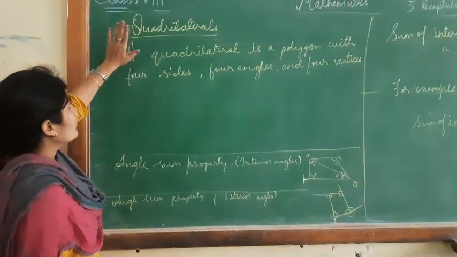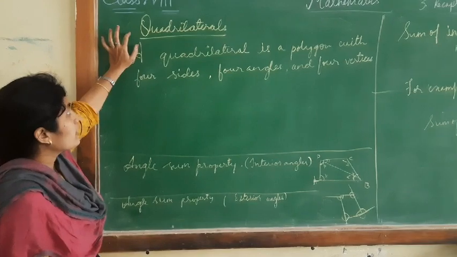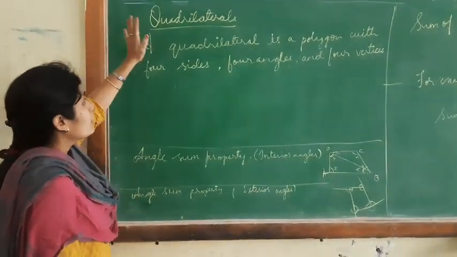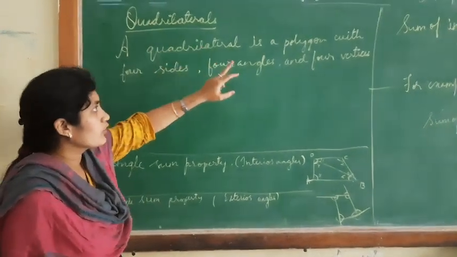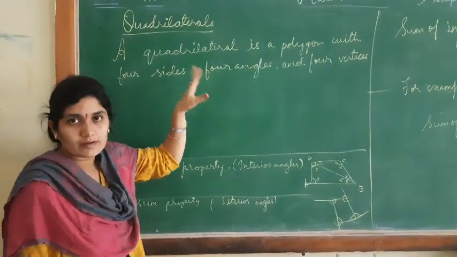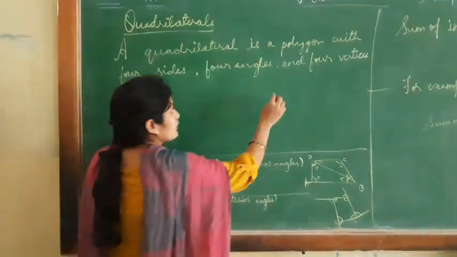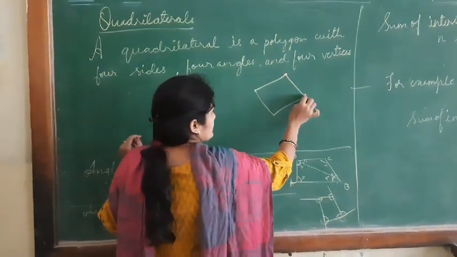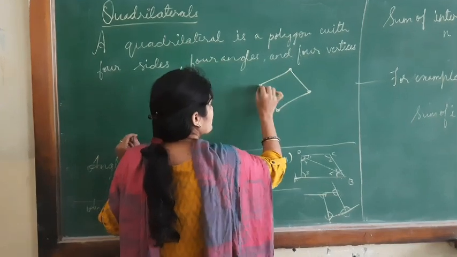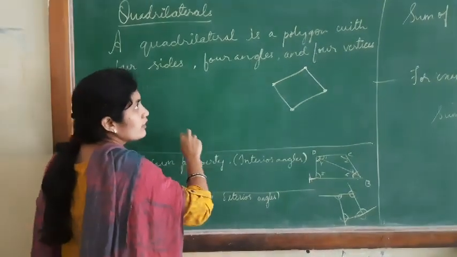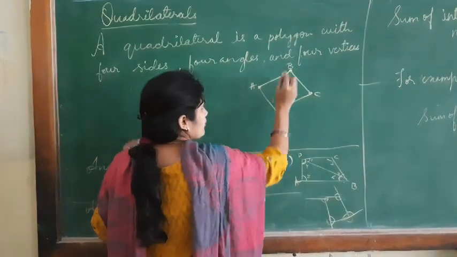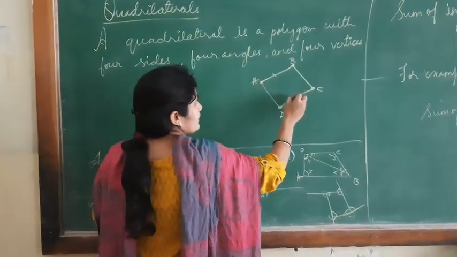Now let us move on to quadrilaterals, which is the main concept in our chapter, understanding quadrilaterals. A quadrilateral is a polygon with 4 sides, 4 angles and 4 vertices. Here this is a quadrilateral. This is an irregular quadrilateral because all the sides are not equal here, but it has 4 vertices A, B, C, D, and 4 sides.